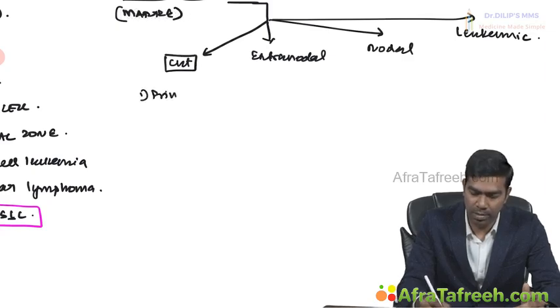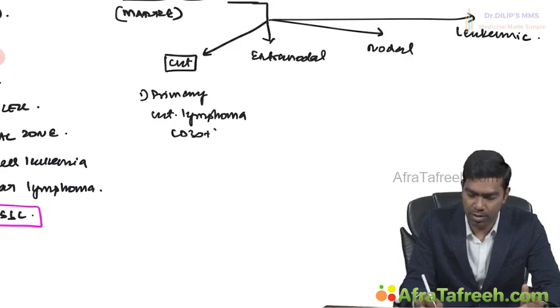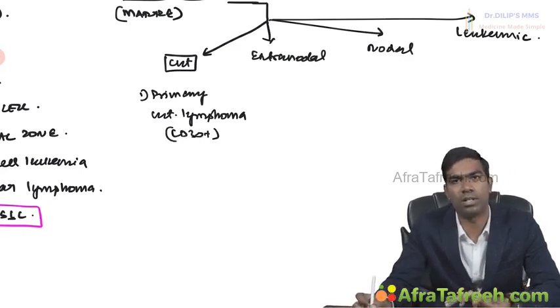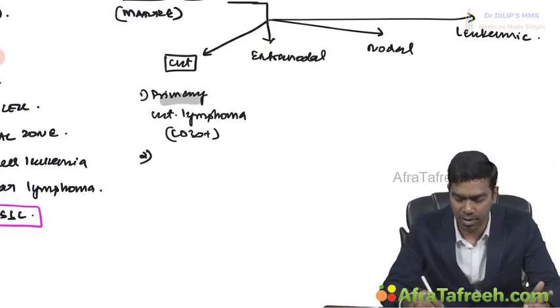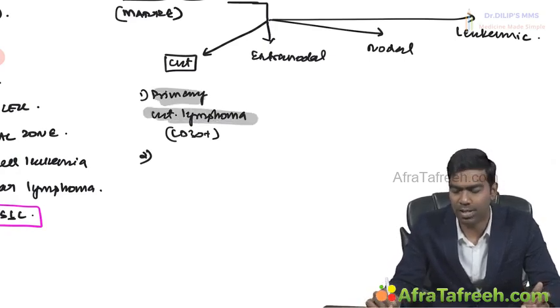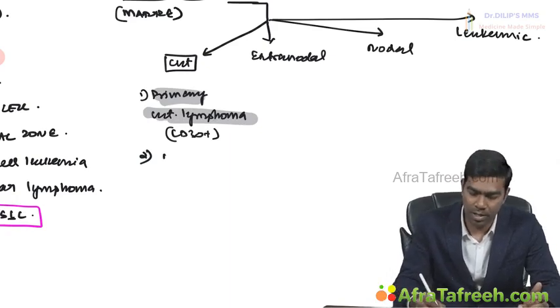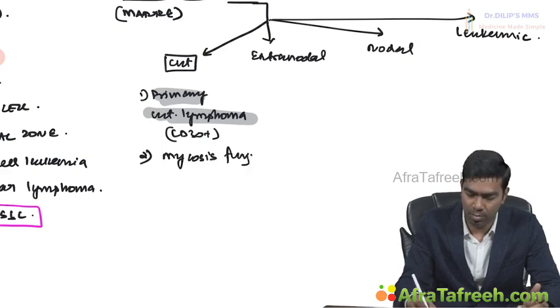One is called a primary cutaneous lymphoma. Usually this primary cutaneous lymphoma will be CD30 positive. This is called CD30 positive primary cutaneous T cell lymphomas. You can write primary cutaneous T cell lymphomas, but I didn't write that. You can simply remember it as primary cutaneous lymphoma or primary cutaneous T cell lymphomas. And then you have mycosis fungoides and Sézary syndrome.